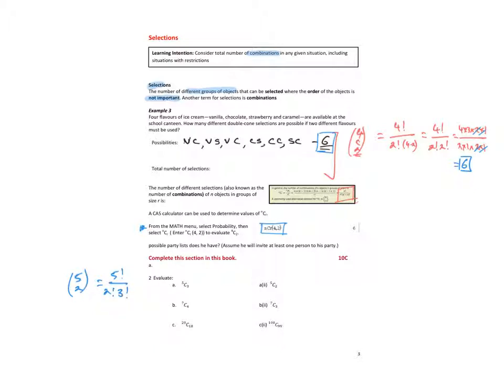Okay, that's the formula by hand, or we just go to our NCR, 5, 2. All right, so initially it really is just getting used to the notation, the terminology, and the functionality in terms of your calculator to evaluate these things.